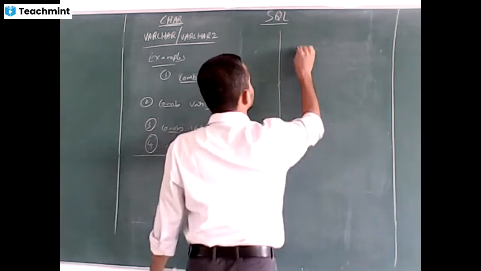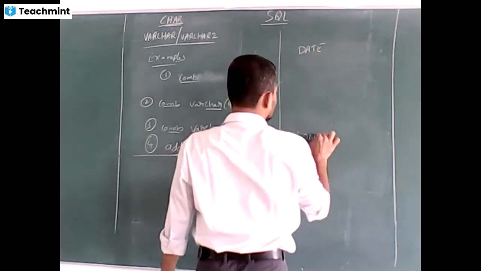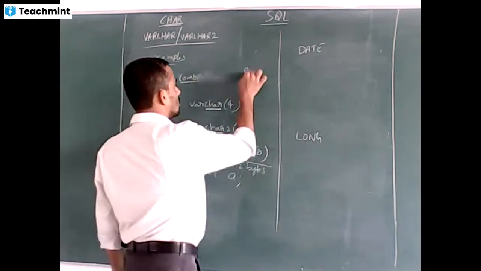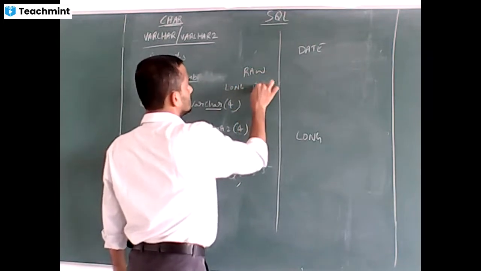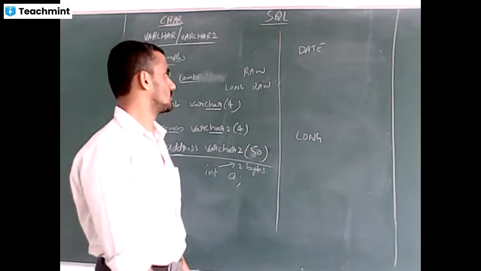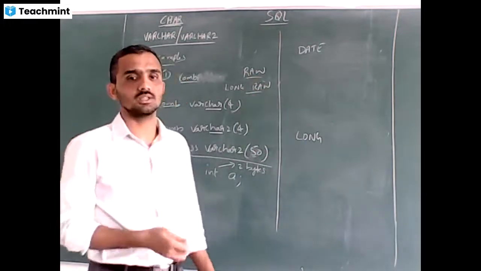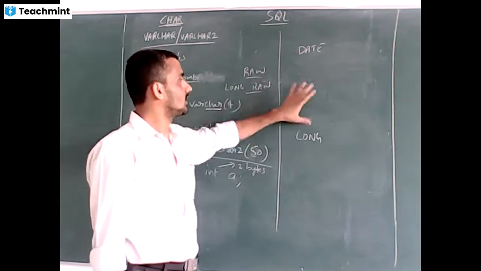The next data types are date and long. See, the last 2 data types, that is raw and long raw, are not mentioned in the syllabus in detail with syntax and example. Just consider them as part of the list of data types. Syntax and example are not given, so let's not worry about that. Next, date and long.